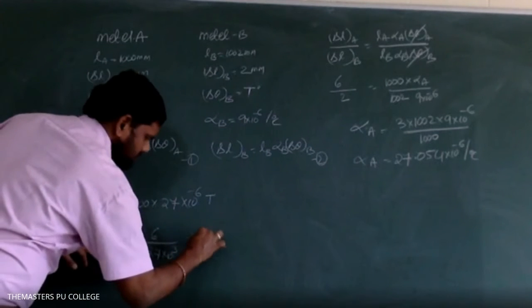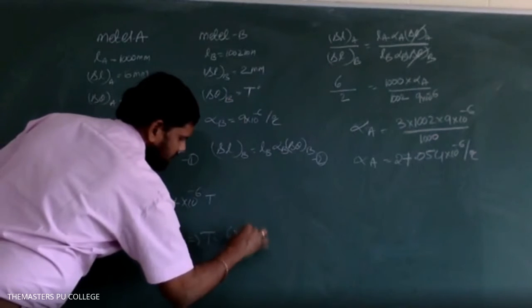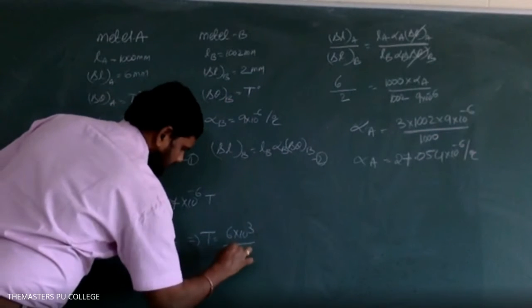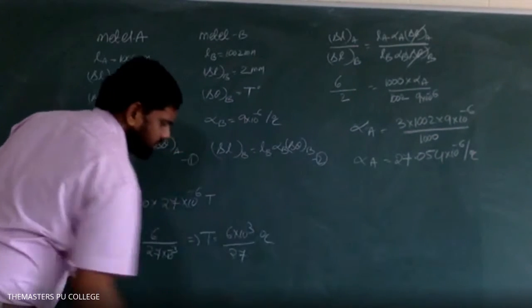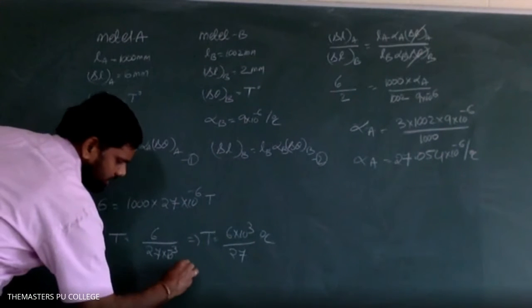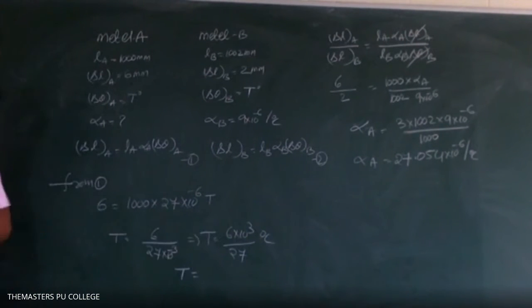So T equals 6 into 10 cube divided by 27 degrees centigrade. So we calculate the T value: 6000 divided by 27.